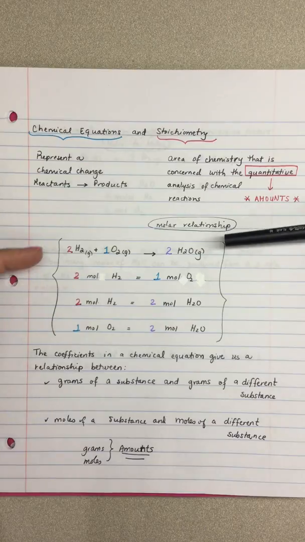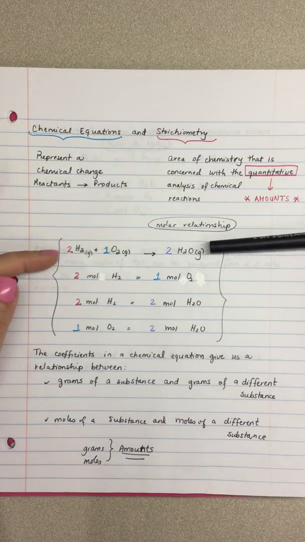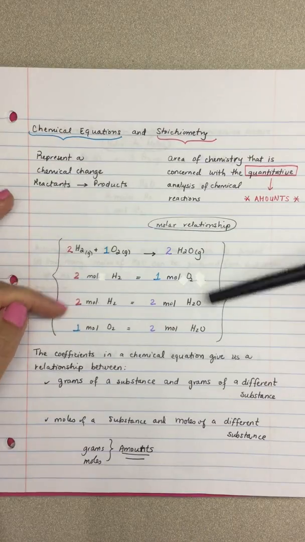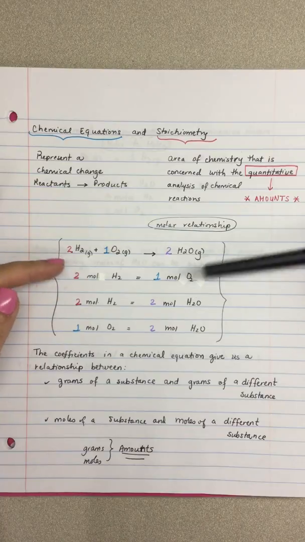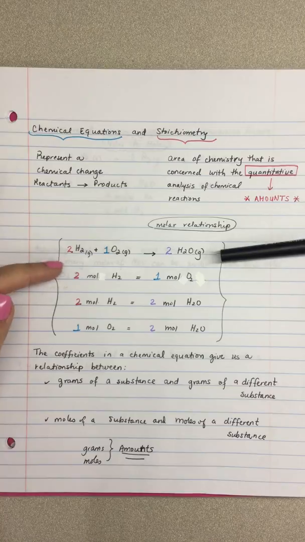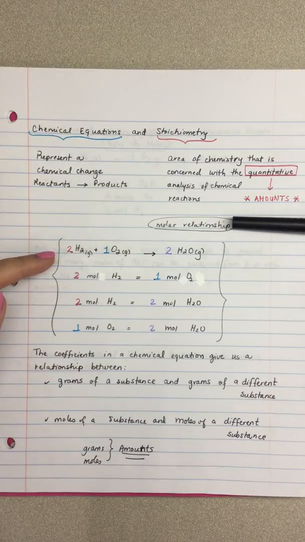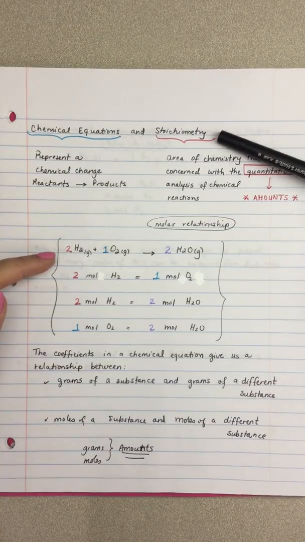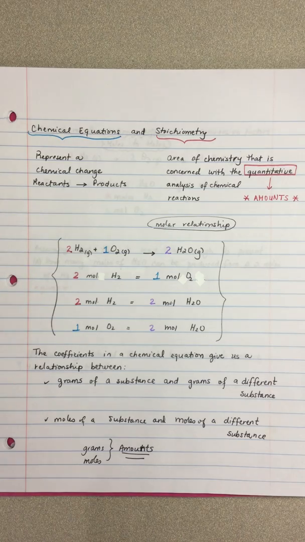We can use a chemical equation to find out the molar relationship for all of your reactants and products in that chemical equation. All of those molar relationships are what we use right here. That's the stoichiometry of the equation.